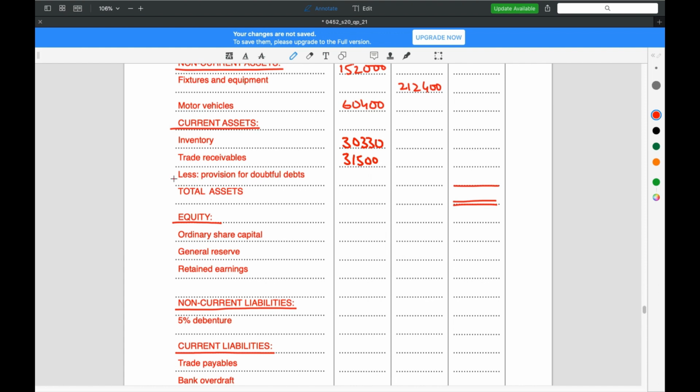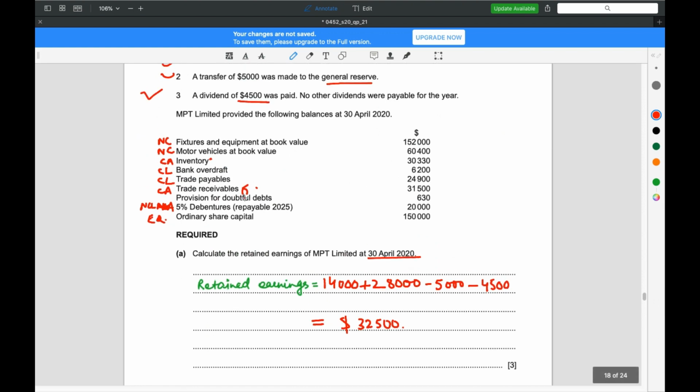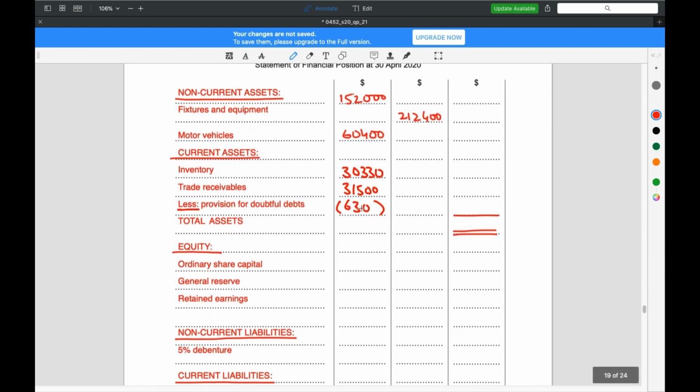All right, and the trade receivables he's given you is $31,500. But do not forget that you have to subtract the provision for doubtful debts out of the trade receivables, right? Because they're expected not to be paid. So he's given you doubtful debts of $630. So you subtract that, and when you do that, you get 61,200, the total of the current assets.